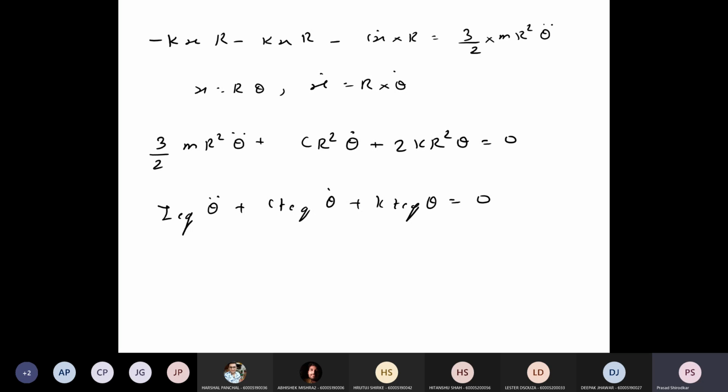And again our natural frequency will be k torsional equivalent divided by I equivalent.